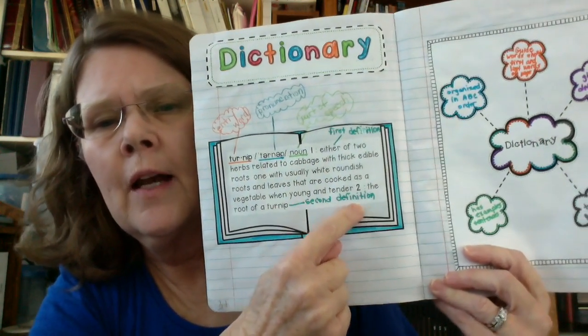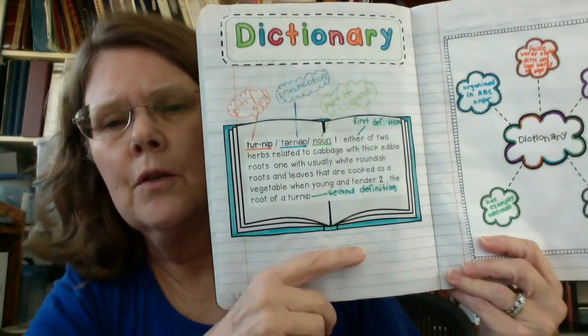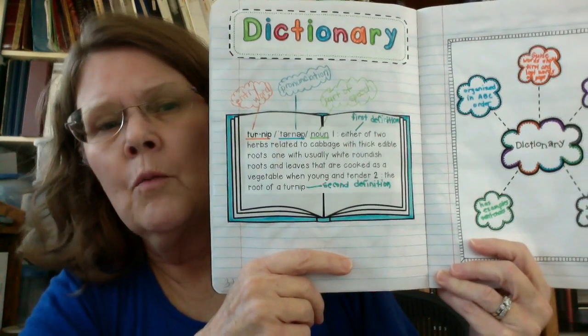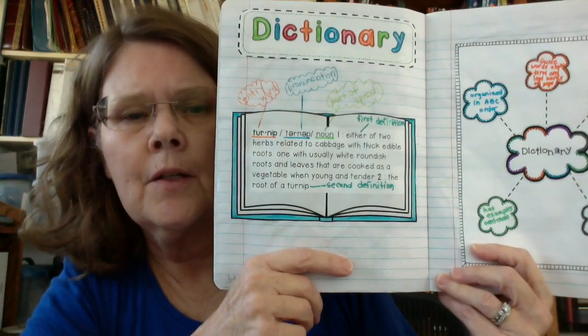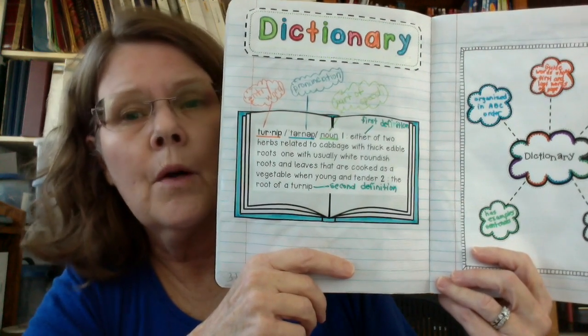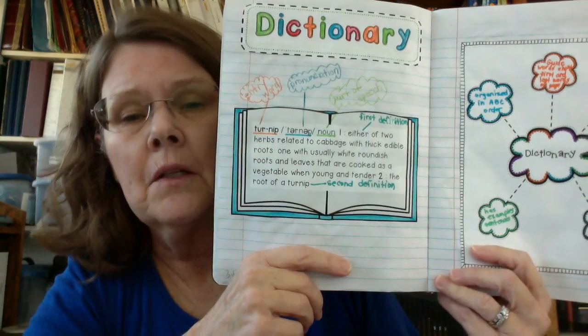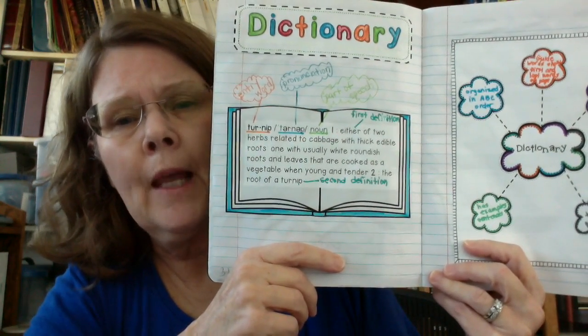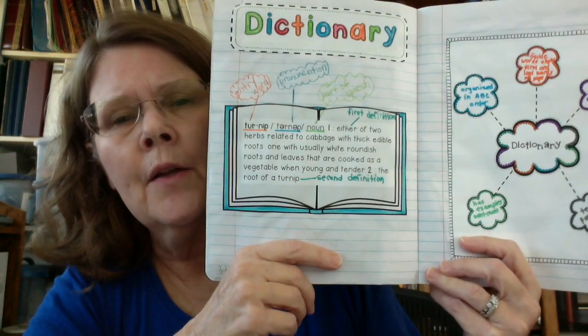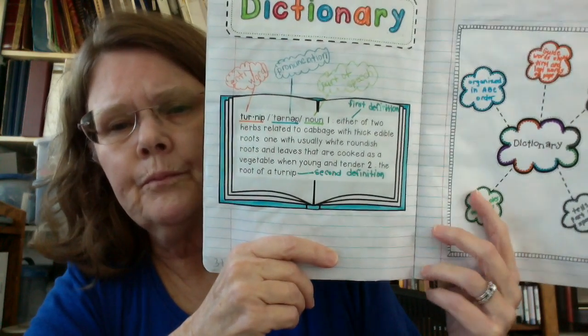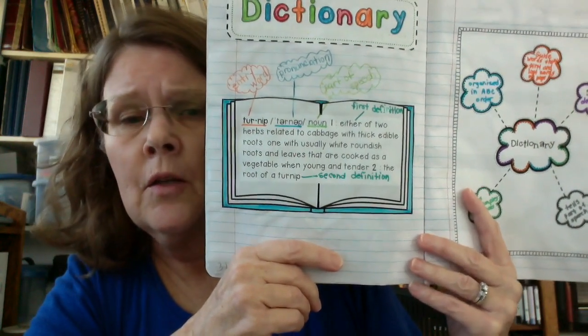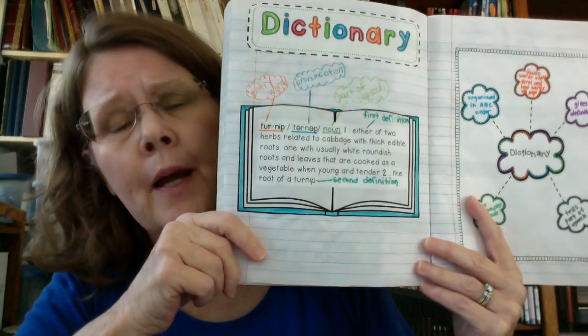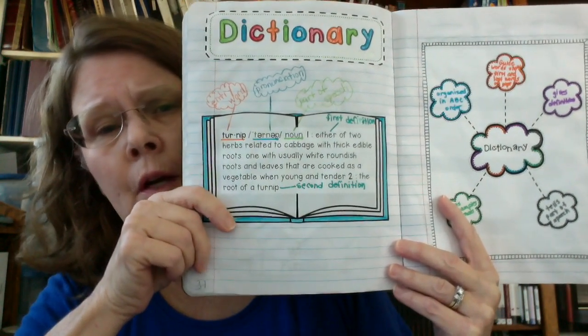Second definition right here by the number 2. Some words have lots and lots of definitions, way more than 2. Some words just have 1. So it just depends on the word. Okay. So when you're all done with that page, and again you can look at your page on your packet to help you with it.